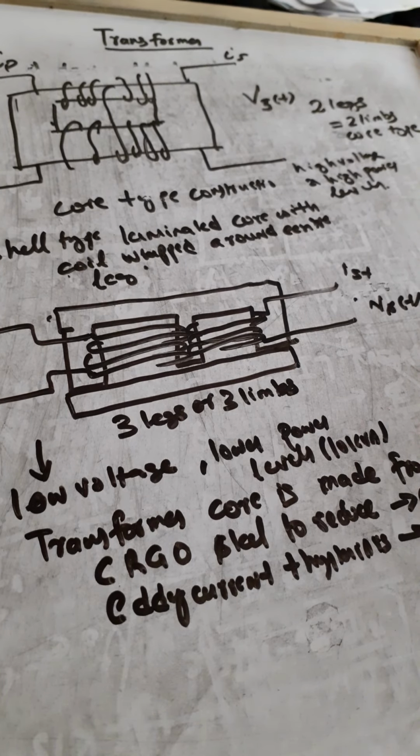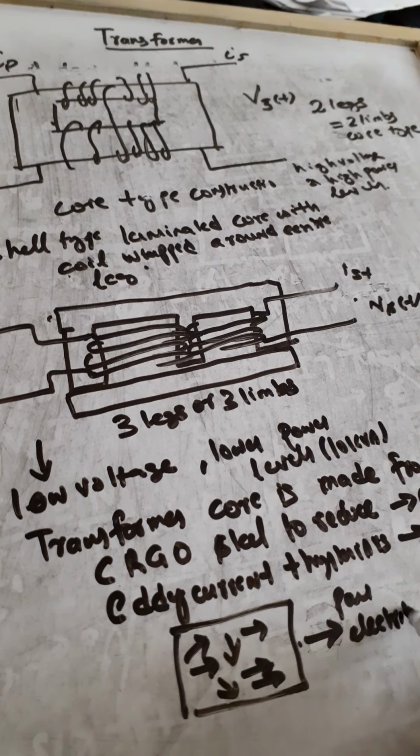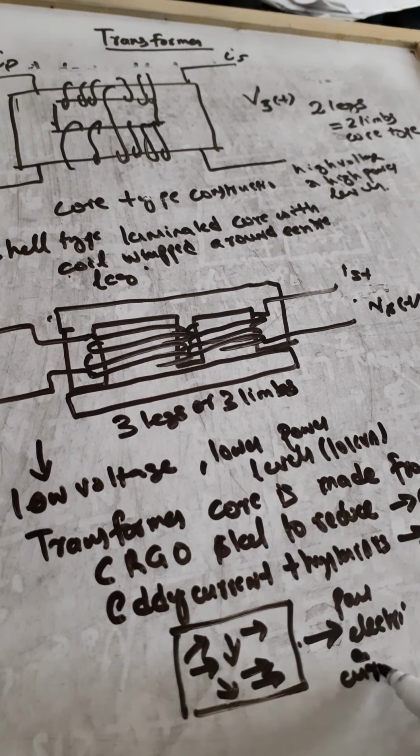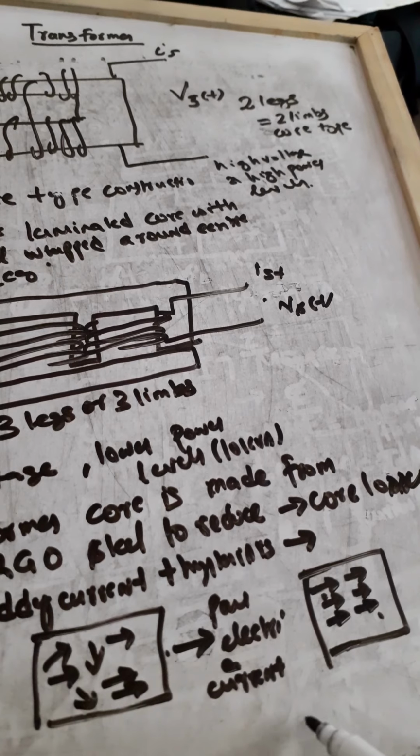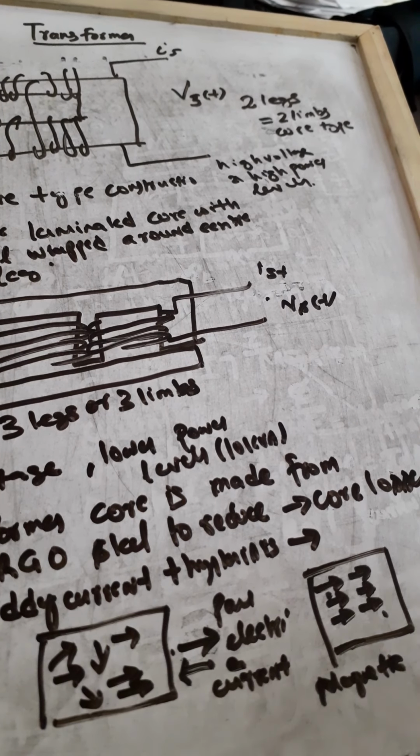But whenever you pass an electric current, these ions get aligned in one particular direction and show magnetic characteristics. Once you remove the electrical supply, they come back to their earlier position. This process of again magnetizing and demagnetizing is called a loss. So this is called hysteresis loss.